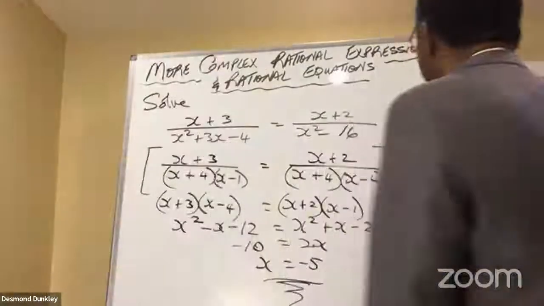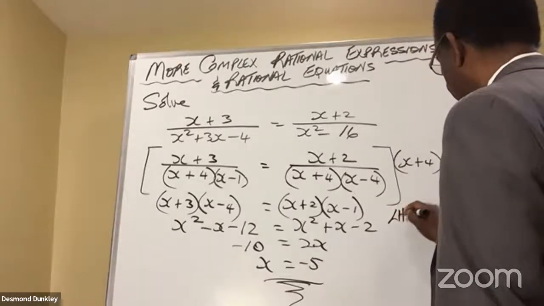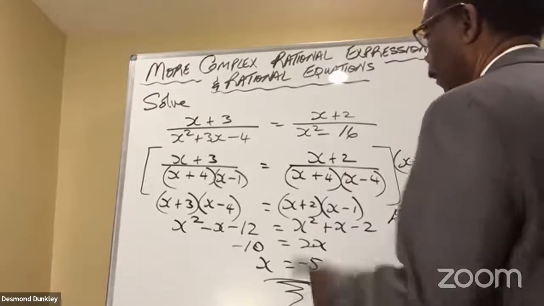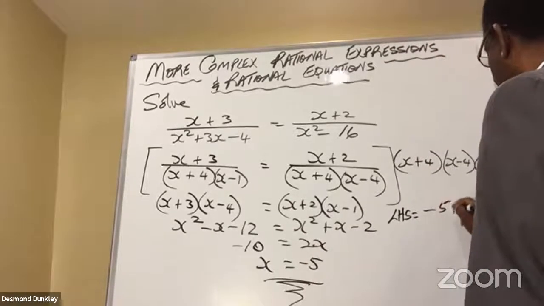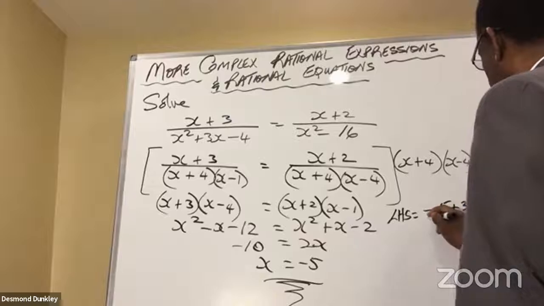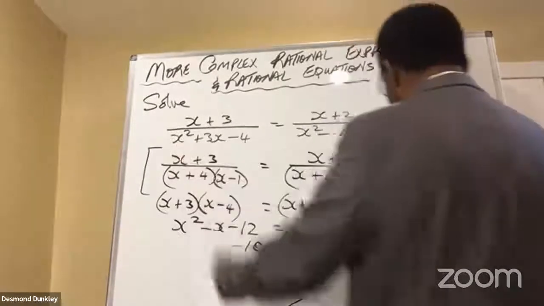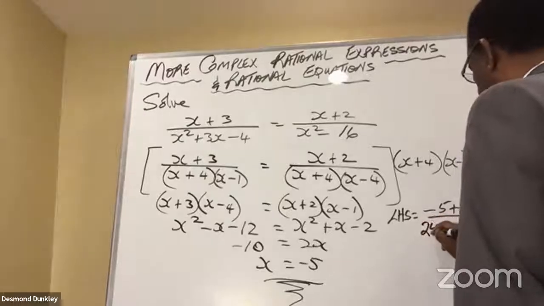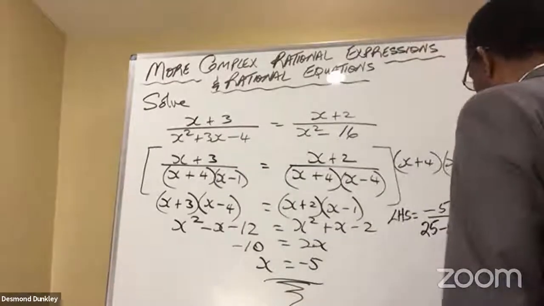So, left-hand side. When x is negative 5, it's going to be negative 5 + 3 over negative 5 times negative 5, 25. 3 times negative 5, negative 15.